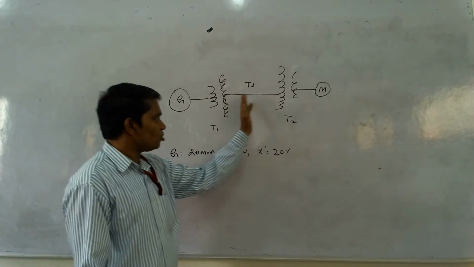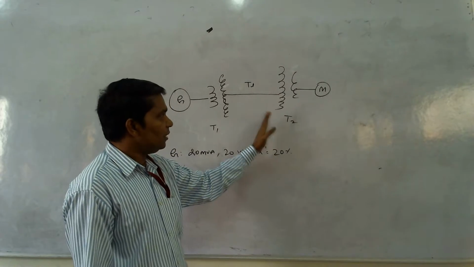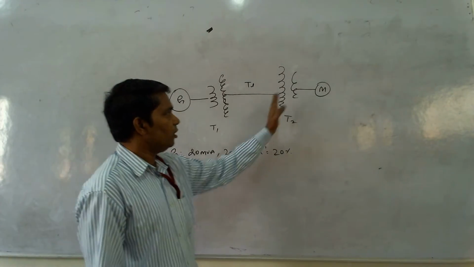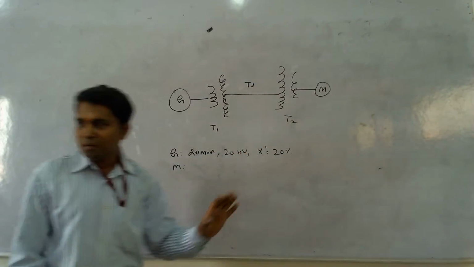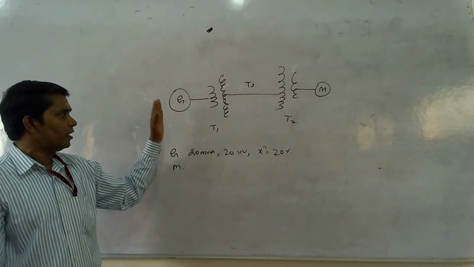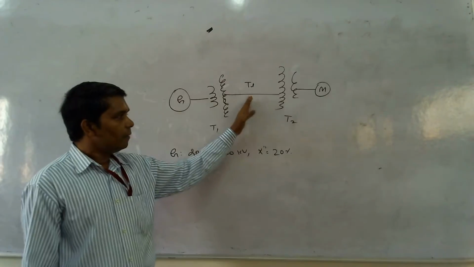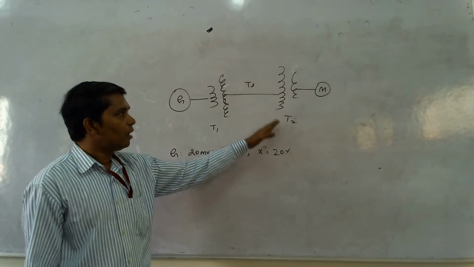Then we have the transmission line. After that we have transformer 2, a step-down transformer connected to the motor.